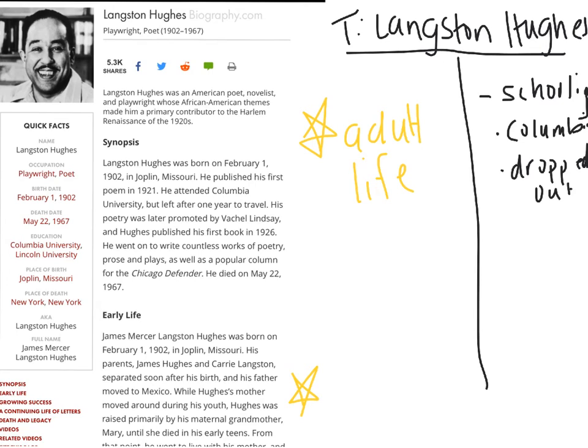And maybe this is going to be his writings. Maybe I would put accomplishments. And I would do the same thing. I would start with my dash and his writings. Maybe I'll do books. I know that Langston Hughes has also written poetry, so maybe another dash would be poetry.